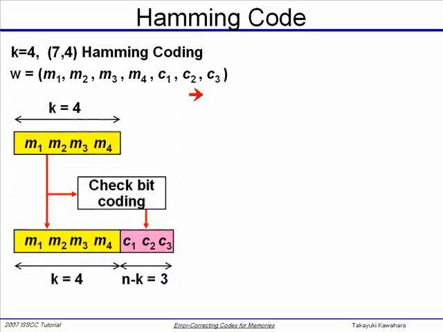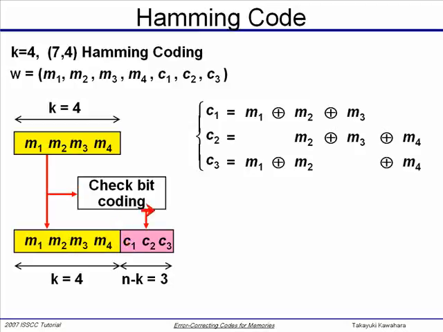So here the sequence is the same. From the initial code, we can have the check bit coding. That's the Hamming code check bit coding. So we can add some additional code, and then we make the code words. The Hamming code is given by this equation.